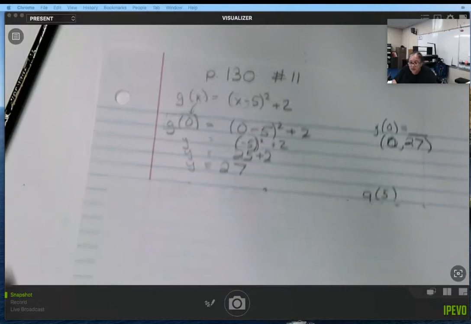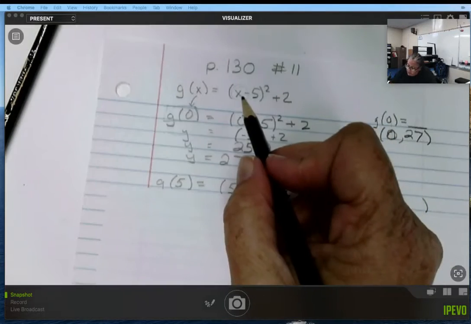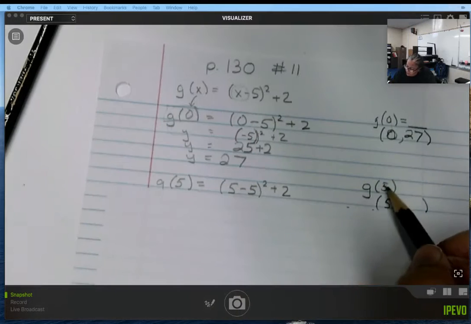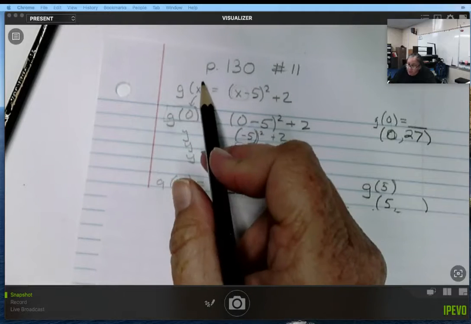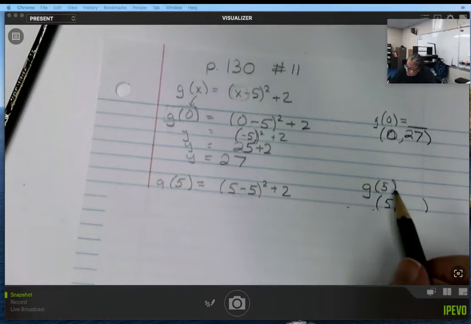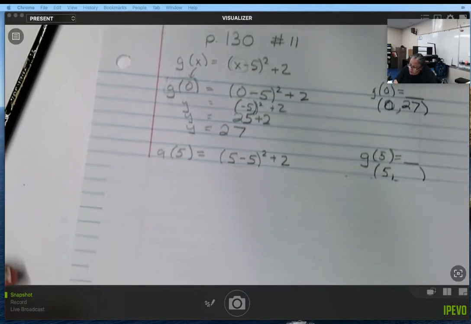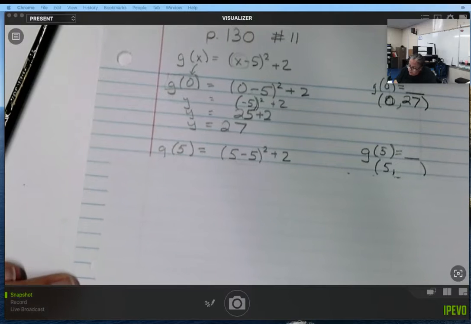The next thing they wanted us to find was g of 5. So again, I'm going to use this same idea. I'm going to substitute. See how it says g parentheses 5? They put the 5 in place of the x. So I'm going to do the same thing. By the way, that's going to make an ordered pair 5, comma something. Okay, 5 minus 5 squared.